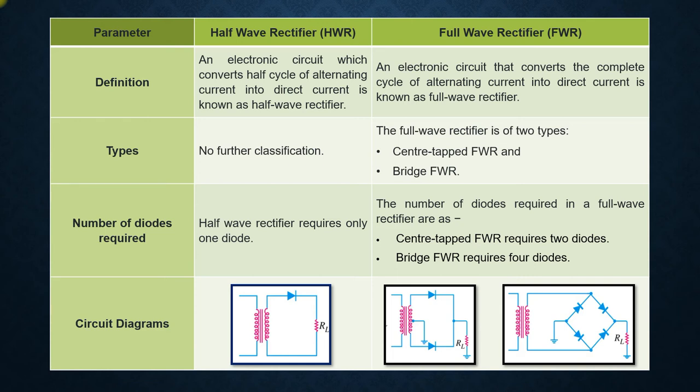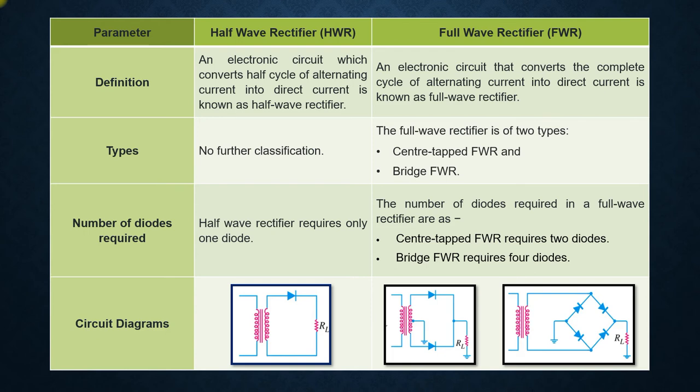And the bridge full wave rectifier should have four diodes. We will see why four diodes are required, even though we can get the same output by using two diodes. That part we will see in the differentiation. So these are some of the differences between half wave rectifier and full wave rectifier.